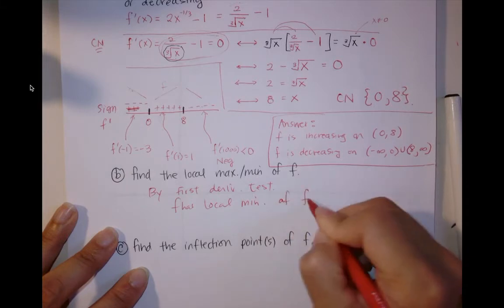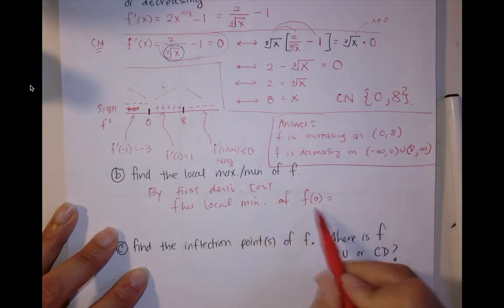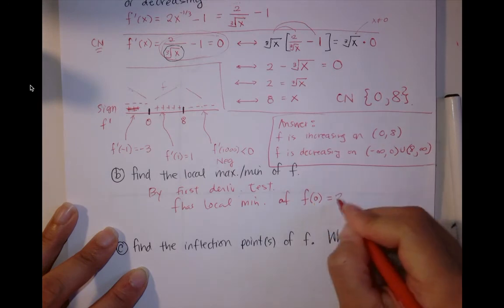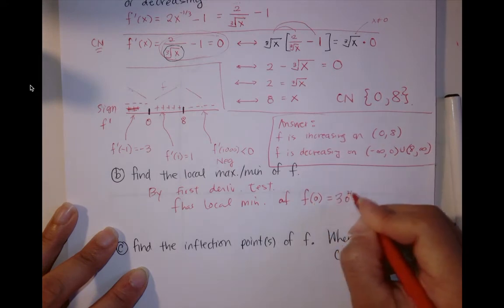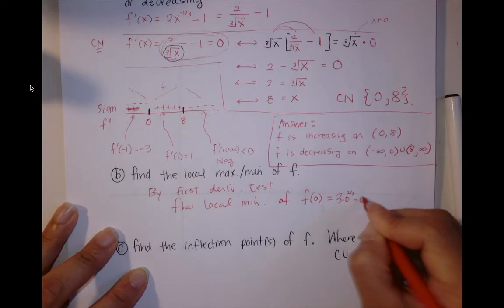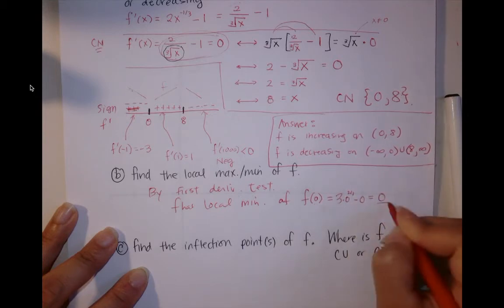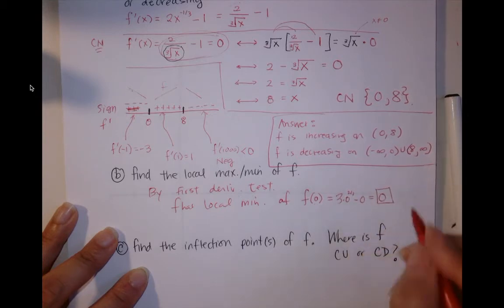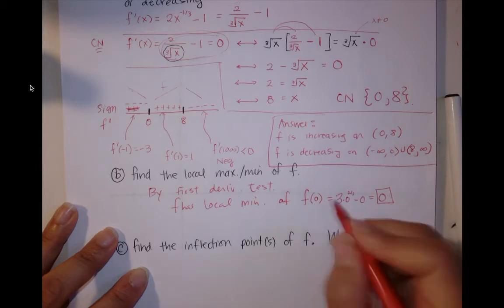Let's see, f of 0. Now I plug this back into the original function. So I have 0 to the 2/3 minus 0, so that's just 0. So that's my local minimum value, and it occurs at 0.